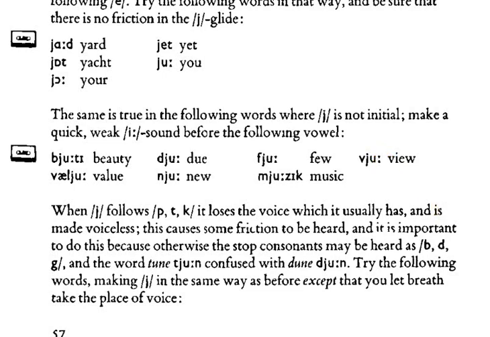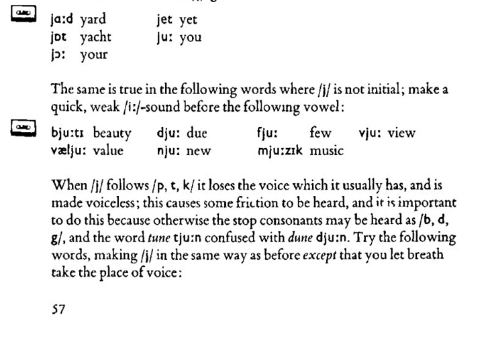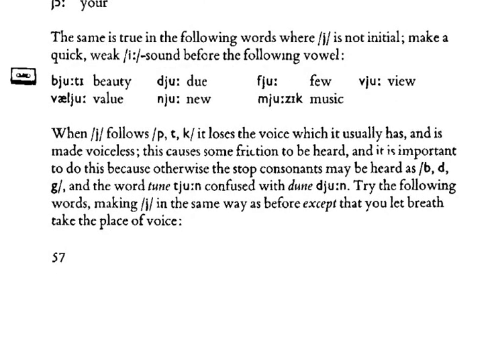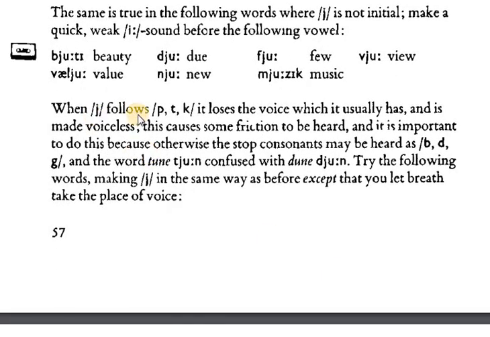Now, what should we know about this consonant? Number one, when ye follows p, t, k, it loses the voice which it usually has. We have discussed in previous chapters the effect of p, t, k on the preceding or following consonants or vowels.